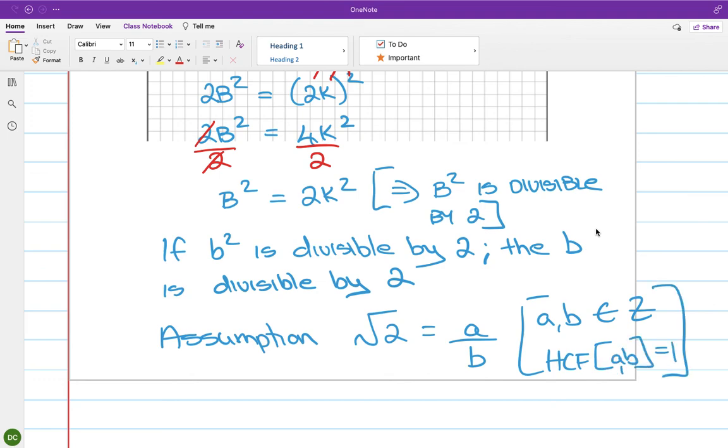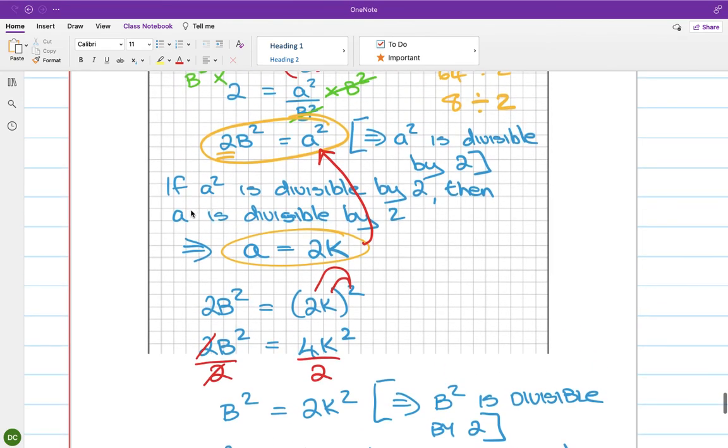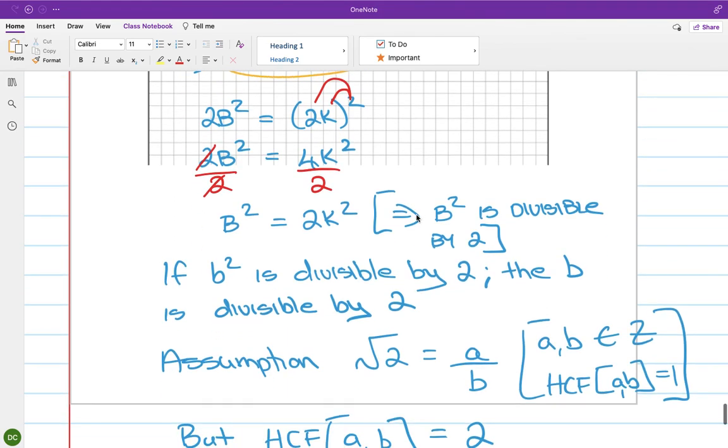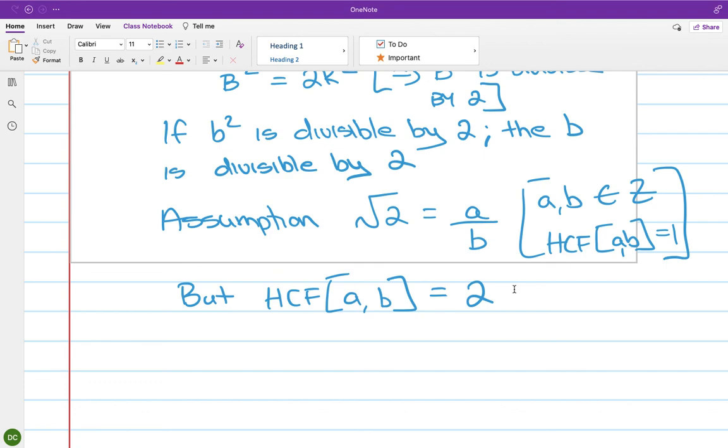But the highest common factor of a and b is actually 2, because a up here is divisible by 2, and then down here, b is divisible by 2. So if they're both divisible by 2, then the highest common factor has to be 2. Therefore, the square root of 2 is not rational, which is what we were asked to prove.